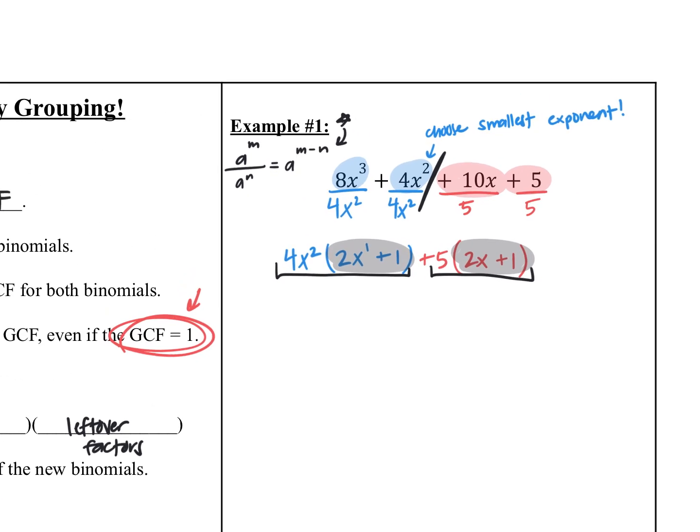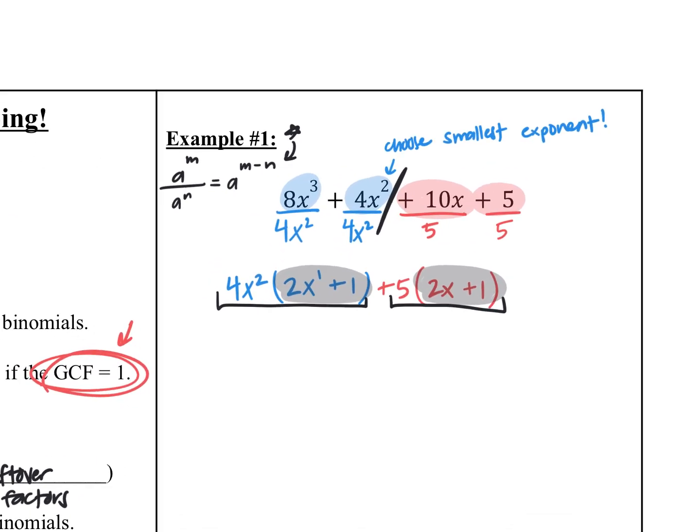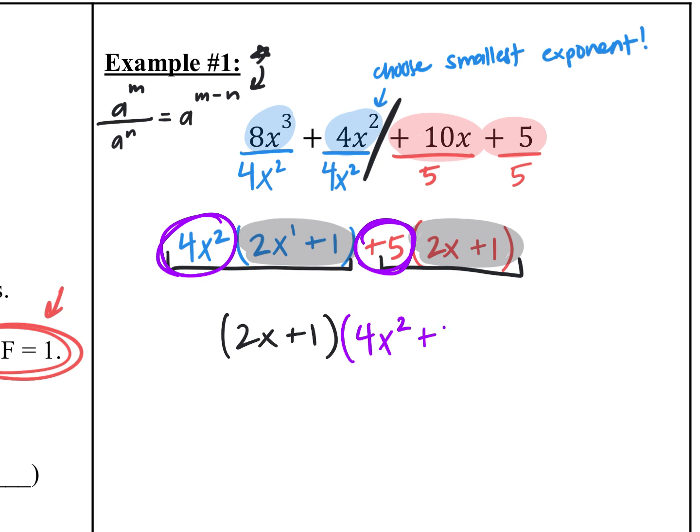Okay, so we're going to write my final answer as 2x plus 1, and then my leftovers are going to go second. So I've got this 4x squared and this plus 5 to make my second binomial. Okay, and this right here is your final answer.